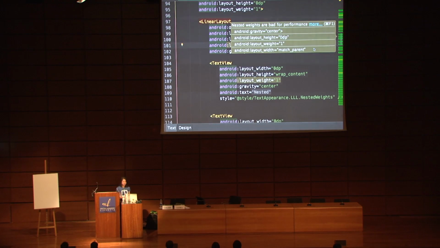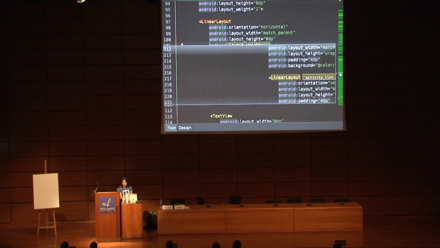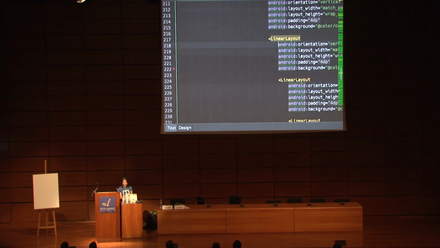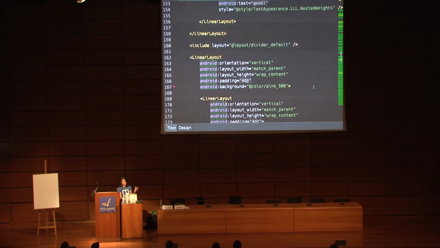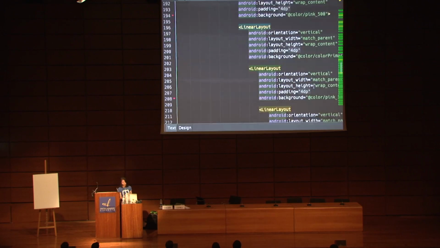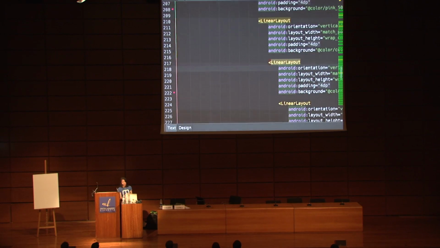Listen to lint. Another thing that lint will yell at you for is depth. I created this really nasty linear layout that has a linear layout in a linear layout all the way down, down, down. And lint will yell at you if you have more than some number of views. It's actually controlled by an environment variable, I think it's called ANDROID_LINT_MAX_DEPTH.